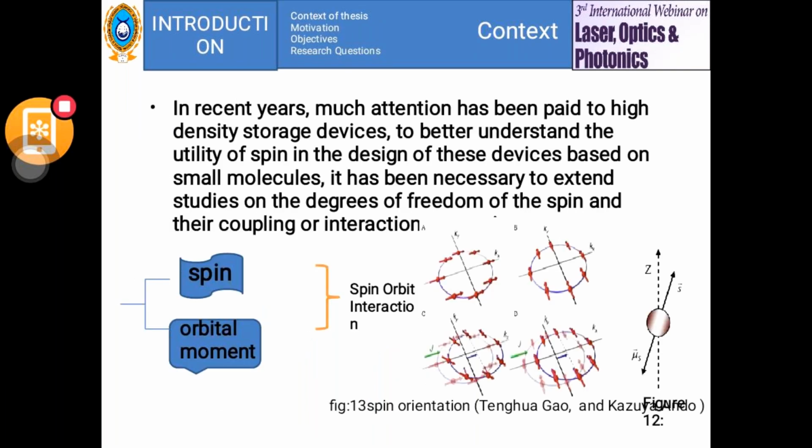After that, as you are working with electrons, we can also work taking into account the spin and its interaction with the magnetic moment. In recent years, much attention has been paid to high intensity storage devices to better understand the utility of spin, and the design of these devices based on small molecules can be necessary to extend our study on the degree of freedom of spin and their coupling interaction.